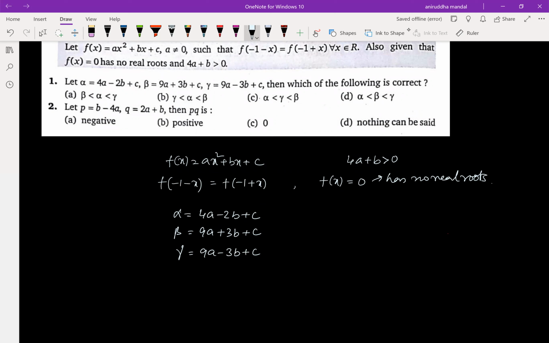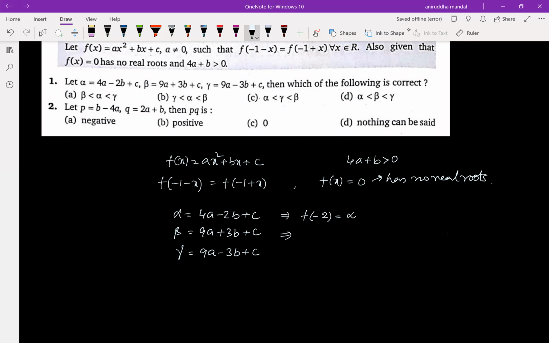So it is clearly seen from this equation that alpha is nothing but, if we put x equal to minus 2, we get the alpha value, which means f of minus 2 is alpha.